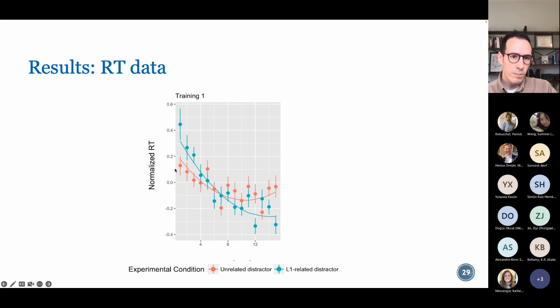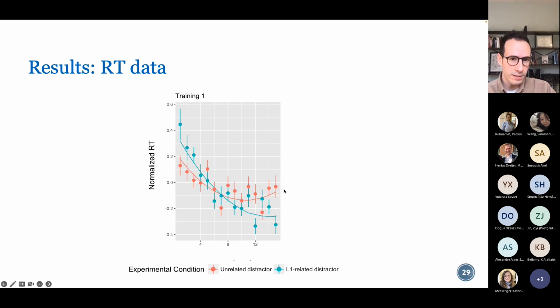Now, the unrelated group, they started being faster, and they do get a little faster with practice, as would be expected, but really not so much more efficient by the end of training. So what's important to consider here is these were the people with the easier task at hand, right?